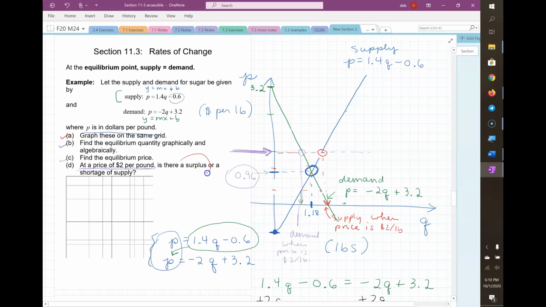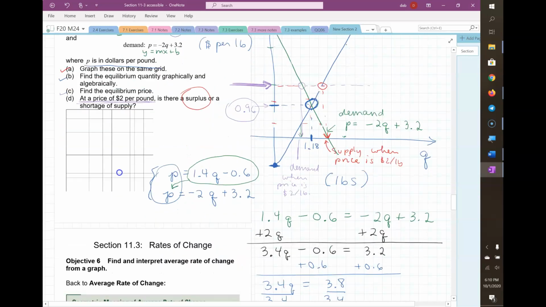So there's a surplus. And the other way you could do this is this first equation is supply. So you could put the $2 in as the price and solve for the Q. And you would get Q is 1.86.